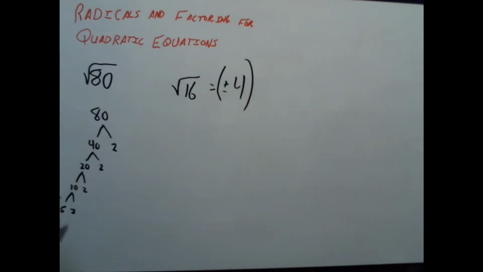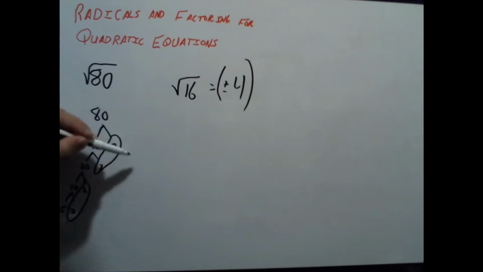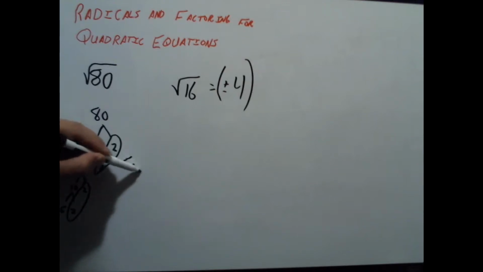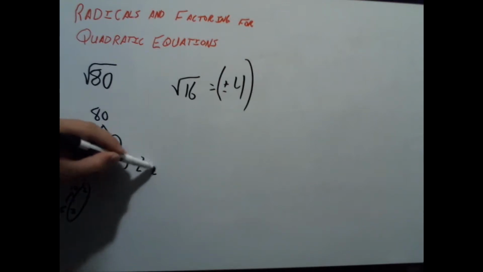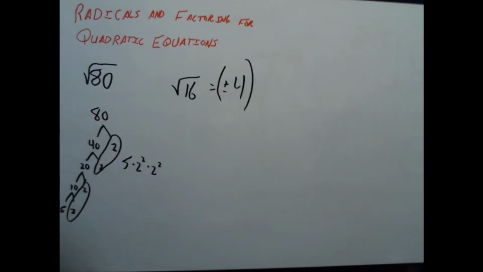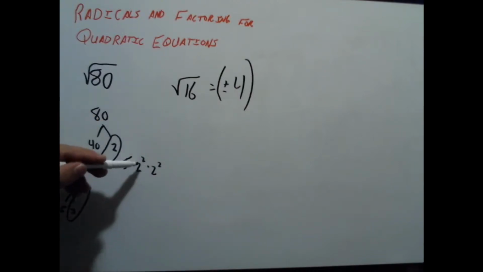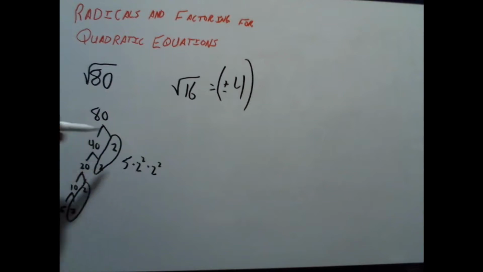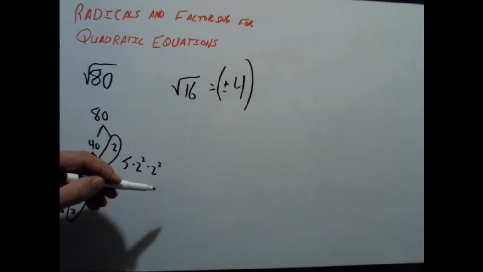So if I have 5 times 2 times 2 times 2 times 2, that will give me 80. That means I can take 2 times 2 and 2 times 2. That equals 5 times 2 squared times 2 squared. And if we have a squared number, we can take that out of the radical.